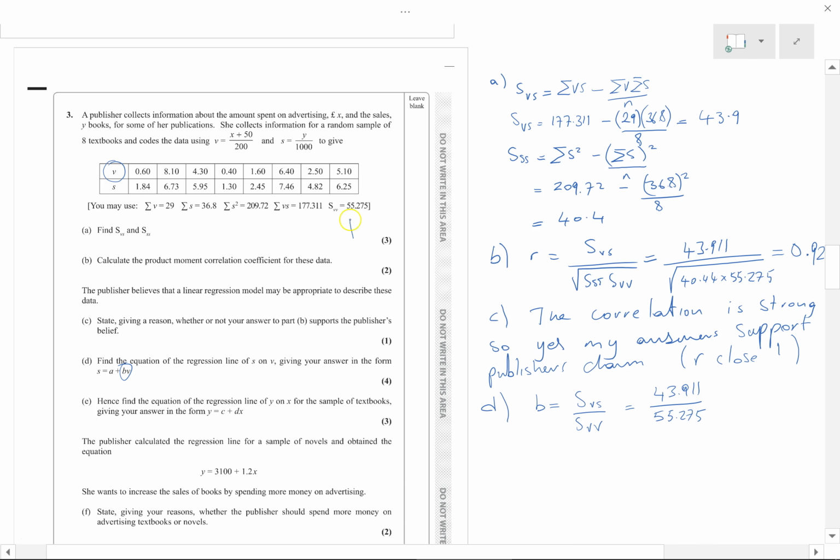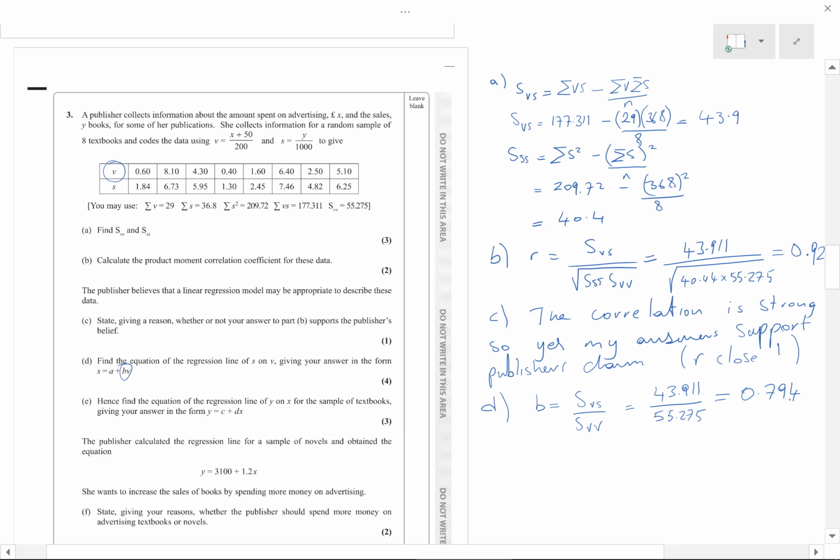I'm not surprised that they've made it that way around, so the one you've given is the one that you need for part D. If they'd asked you to work out SVV and given SVS instead, then there would have been a problem with follow-through issues with part D. So I'm not surprised they did it that way around. Anyway, that equals 0.7944. Store it on your calculator, but I'm going to round it to 0.794.